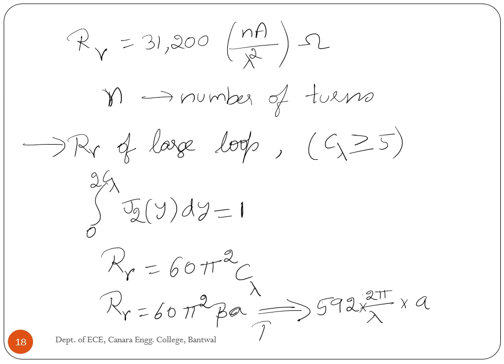Therefore, radiation resistance is equal to 3720 a by lambda for a large loop.